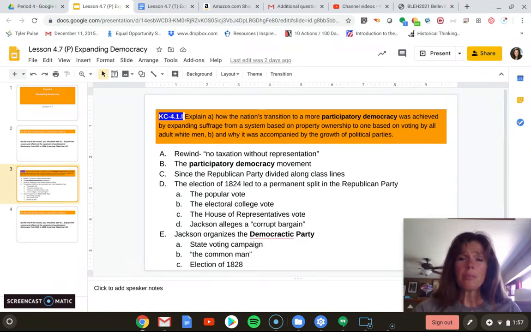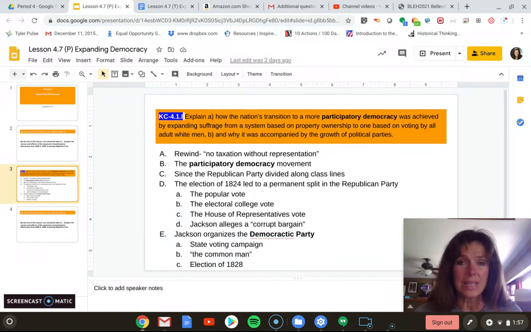Since the Republican Party divided along class lines, there was really no opposition. The working and middle class Republicans supported the new democracy movement, and the upper class opposed it. So it really wasn't a political thing as much as it was an economic thing.